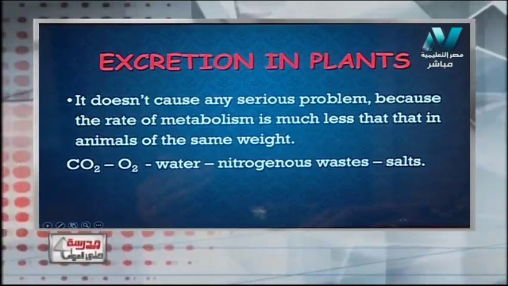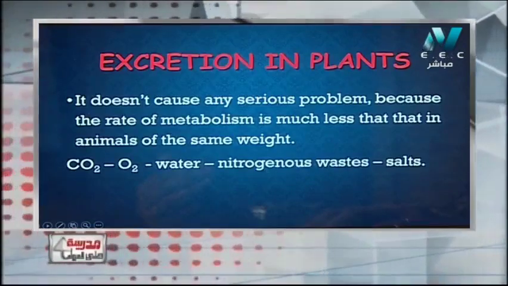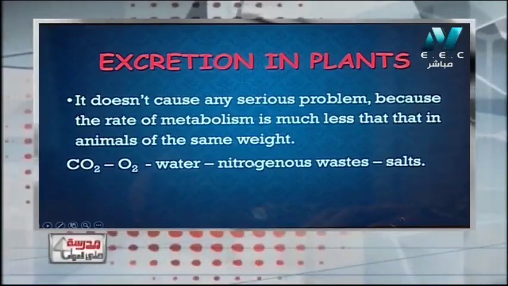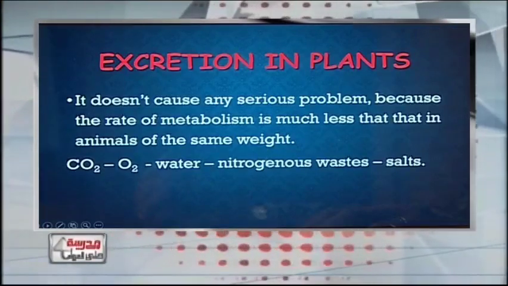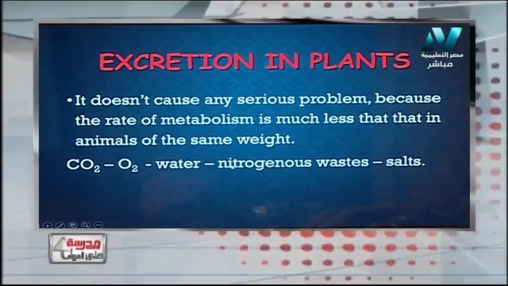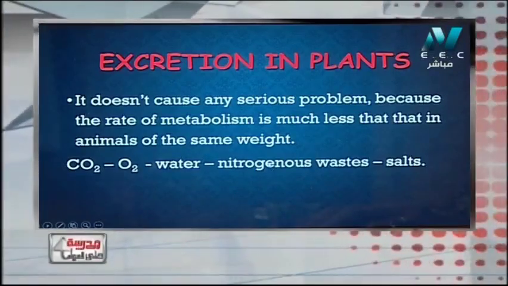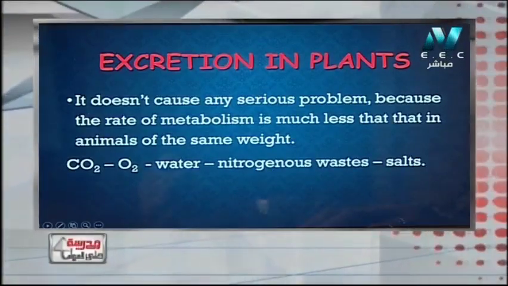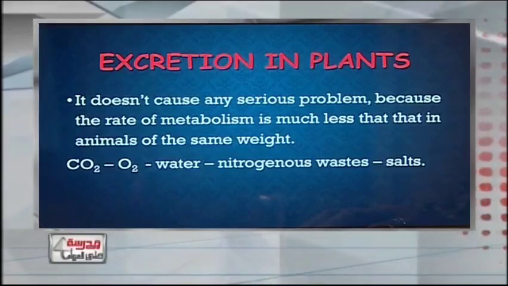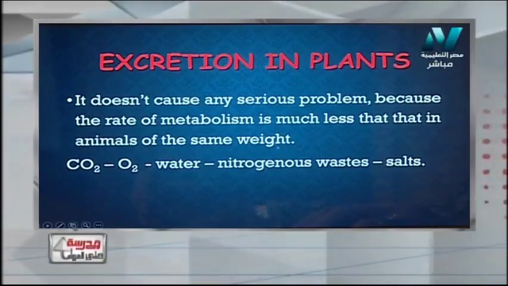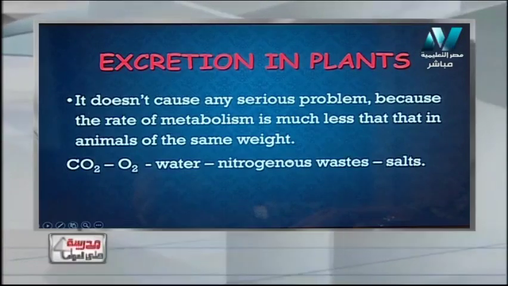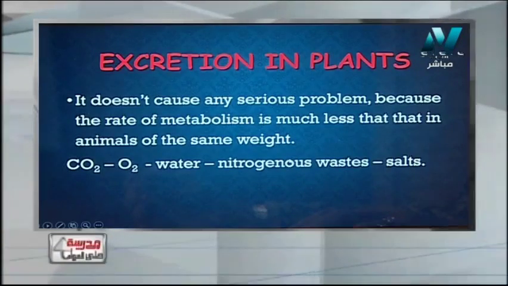The nitrogenous wastes that are produced due to catabolism of proteins, or excess amount of nitrogenous compounds, the plant reuses these nitrogenous compounds in carrying out the formation of its food like proteins.